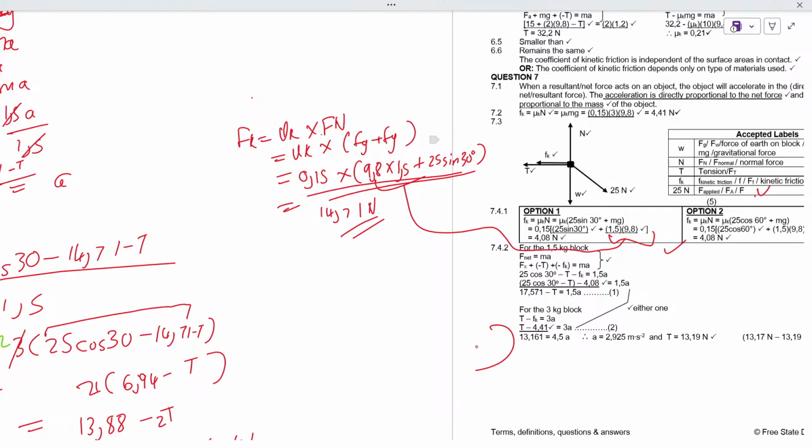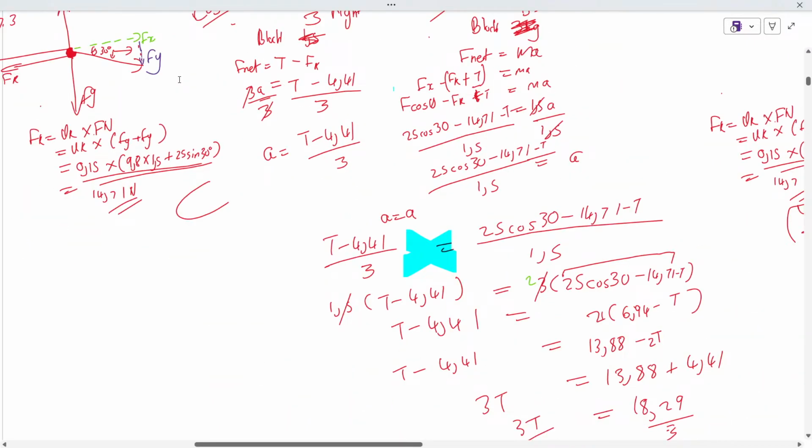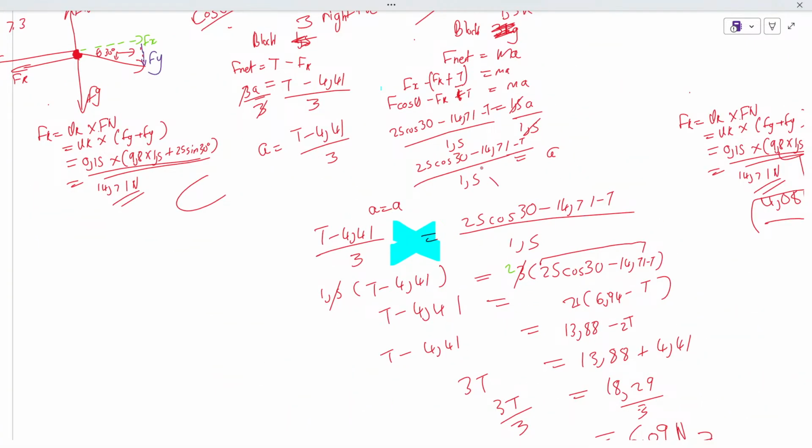Yes, 4,08. We were supposed to write 4,08. So it means you made a mistake pressing the calculator. It's also going to affect the following answer because we substituted this answer here. You see?